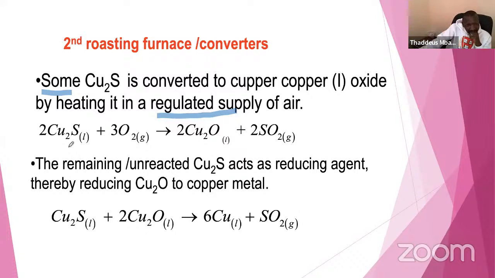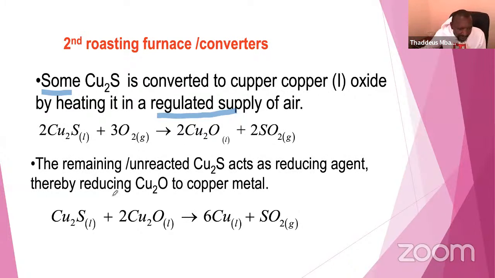Then the remaining, or rather the unreacted copper 1 sulfide, will now act as a reducing agent and react with the copper 1 oxide formed to form copper metal. There are two equations here.